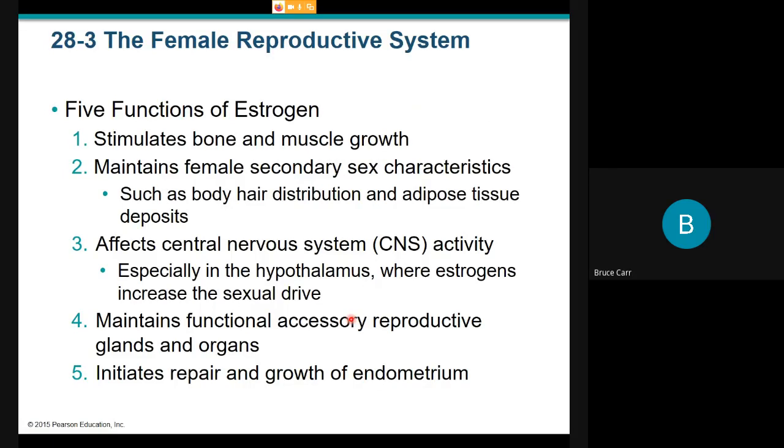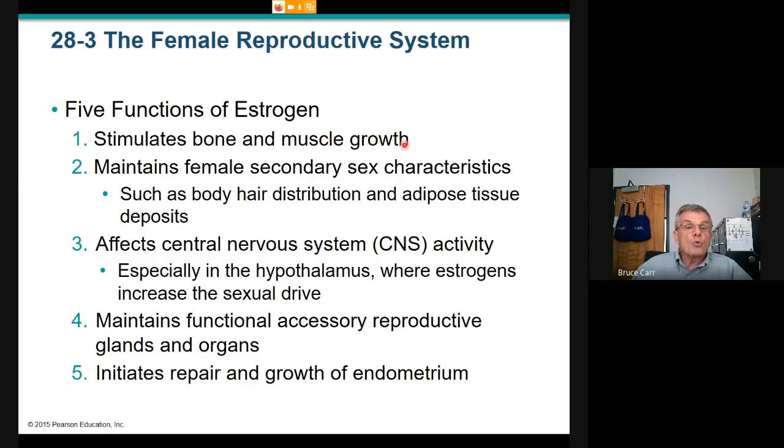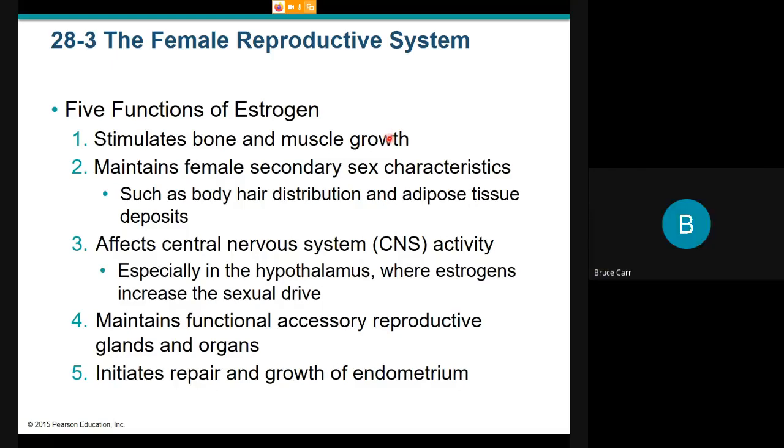Five functions of estrogen that we can list. It does stimulate bone and muscle growth in the female body, so that with the increase in estrogens with puberty, we do have a growth spurt. But the places where those bones and muscles grow are different in the female than in the male. It does maintain secondary sexual characteristics, so it does affect fat distribution.